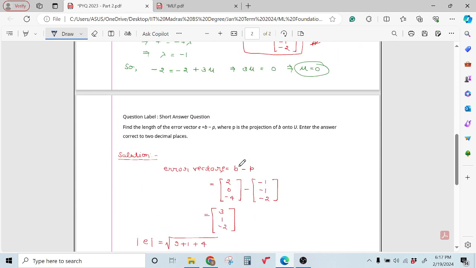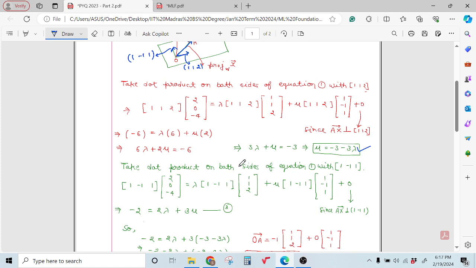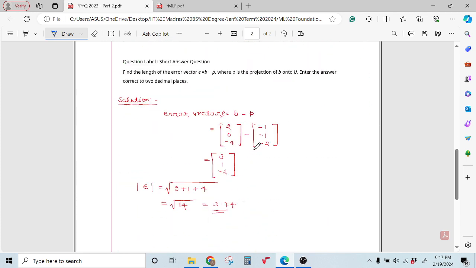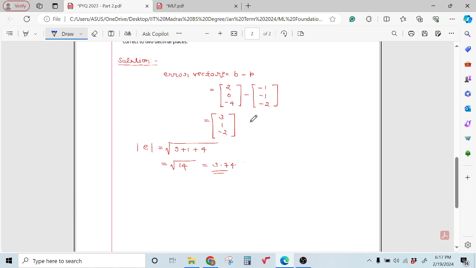B is our x vector, and P is our projected vector. So we can easily find B minus P and get 3 1 minus 2. So the error is square root of 14, which is 3.74.